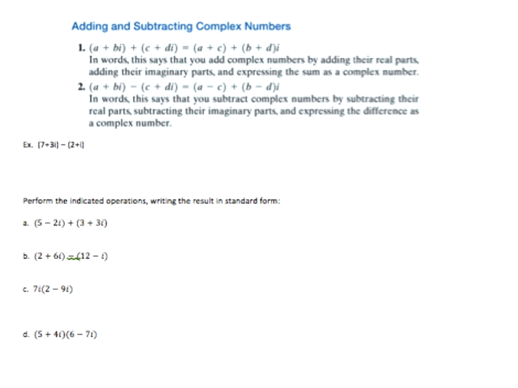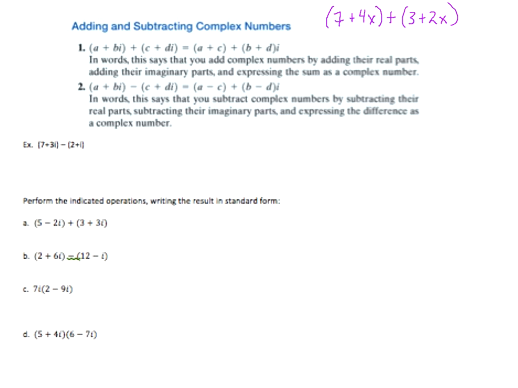Okay, adding and subtracting complex numbers. The good news is as long as you can add and subtract polynomials, you can add and subtract complex numbers. So say I have 7 plus 4x plus 3 plus 2x.